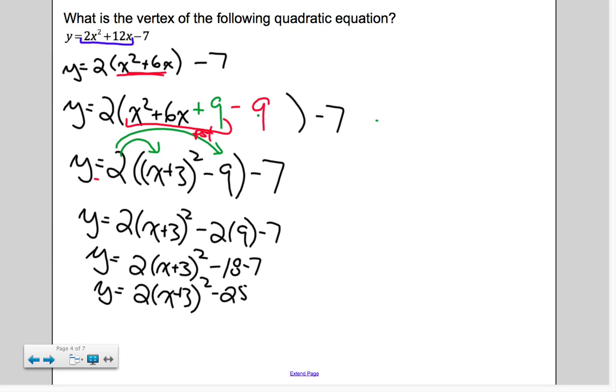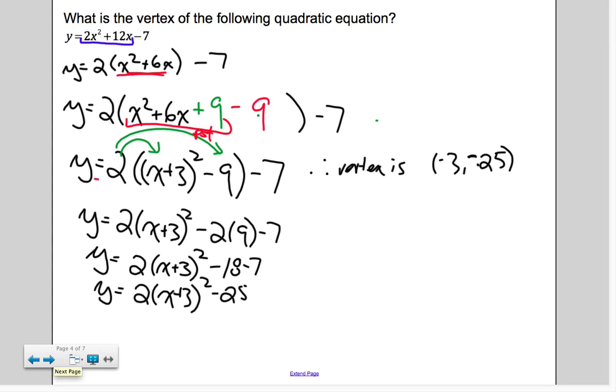So now what's our vertex? Negative 3, negative 25. That's supposed to be a 5. Minus 25.